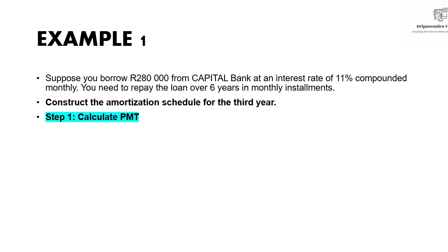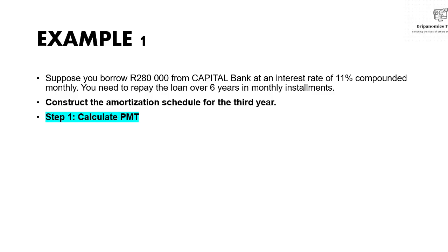Trust me, they're not going to give you the PMT. They're going to give you a scenario like this: suppose you borrow 280,000 rands from Capital Bank at an interest rate of 11% compounded monthly. You need to repay the loan over 6 years in monthly installments.